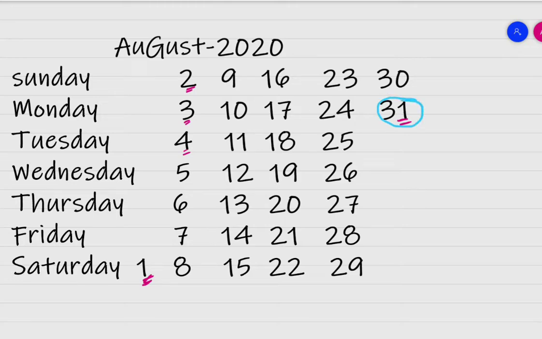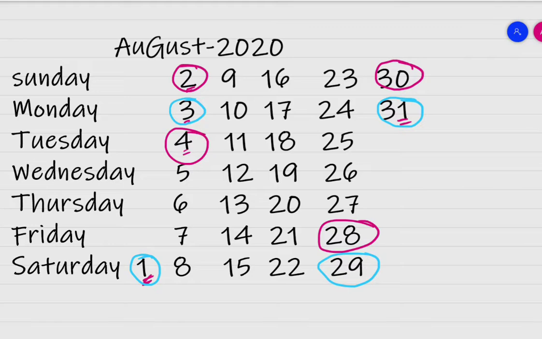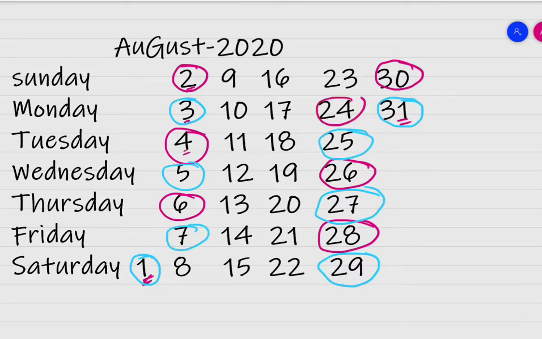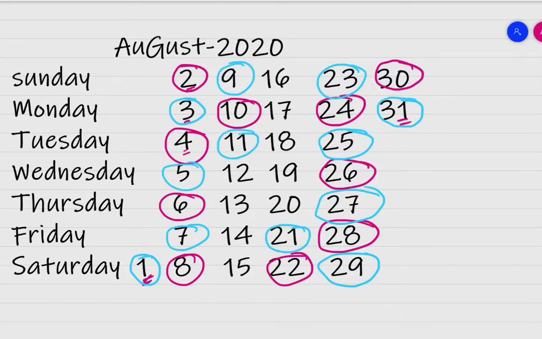See here, 31 plus 1 gives you 32. 30 plus 2, again 32. 29 plus 3, again 32, isn't it? 28 plus 4, 32. 27 plus 5, 32. 26 plus 6, 32. 25 plus 7, 32. 24 plus 8, 32, isn't it? 23 plus 9, 32. 22 plus 10, 32. 21 plus 11, 32.